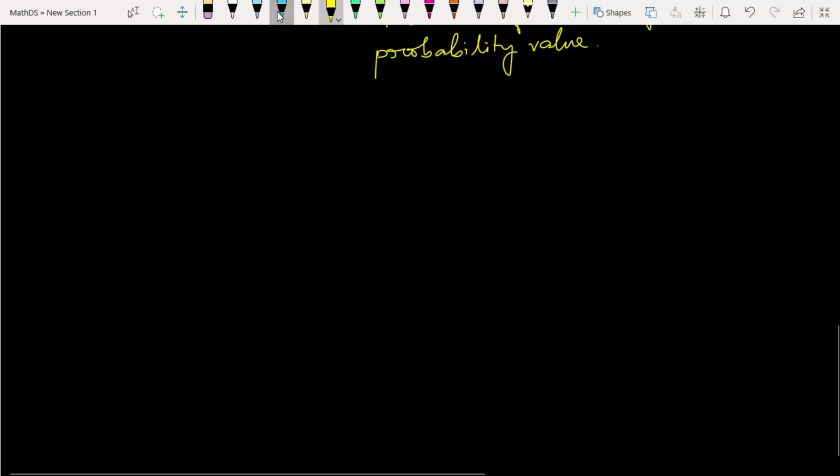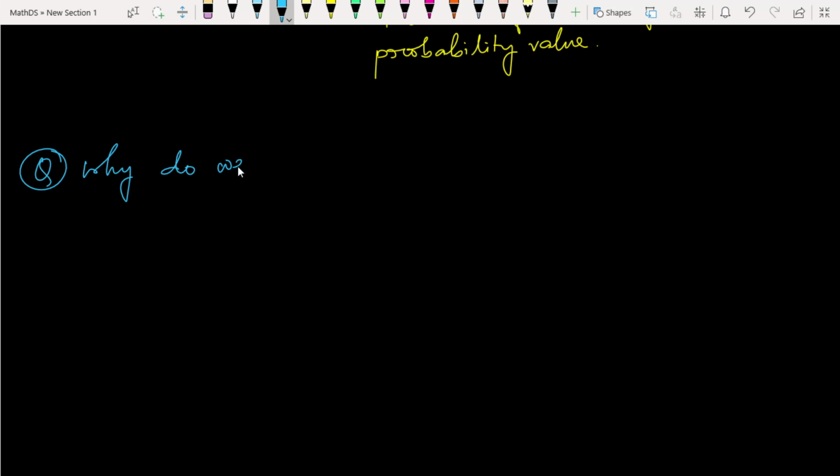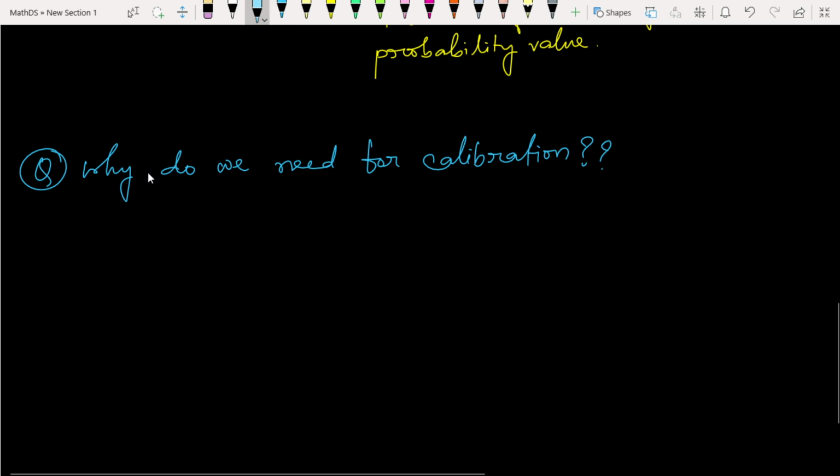Now let's see why we need calibration. Suppose after making some models, at the end of the day we have to minimize the loss function. That's actually the job we have to do.